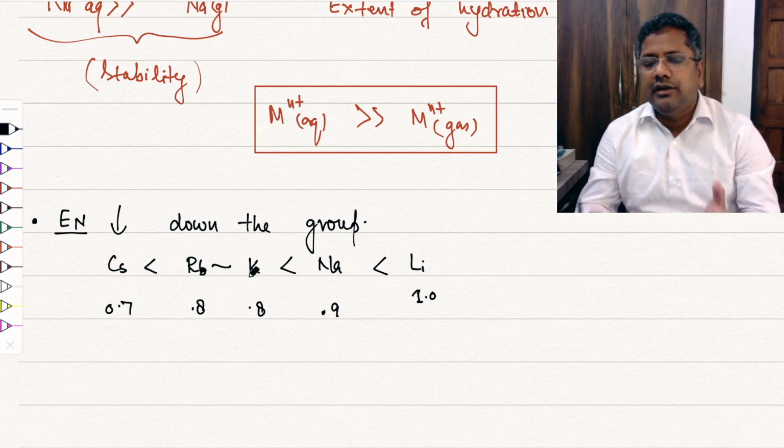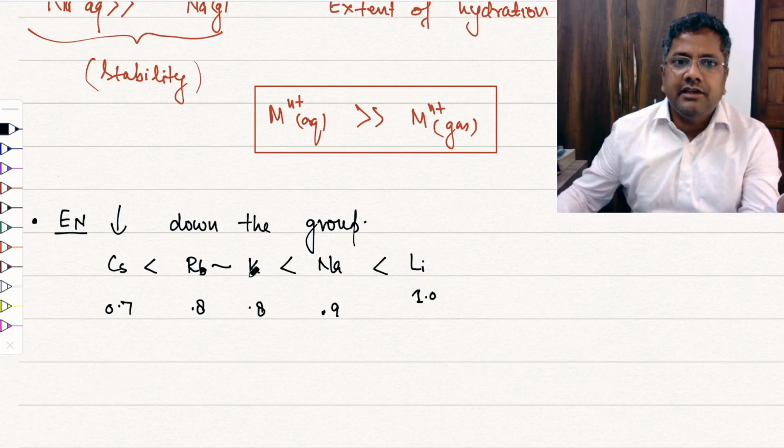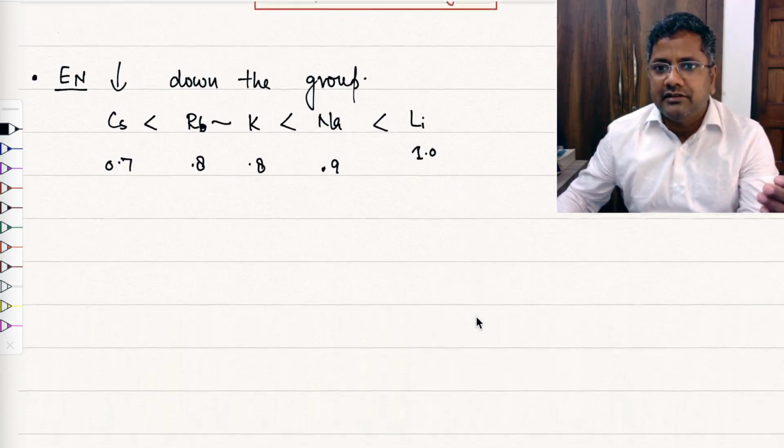All of you know that with electronegativity and the difference in electronegativity, we can predict the nature of the bond between compounds.